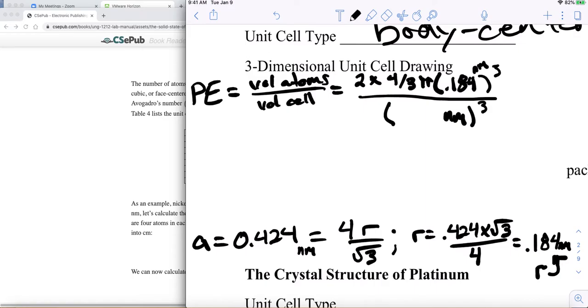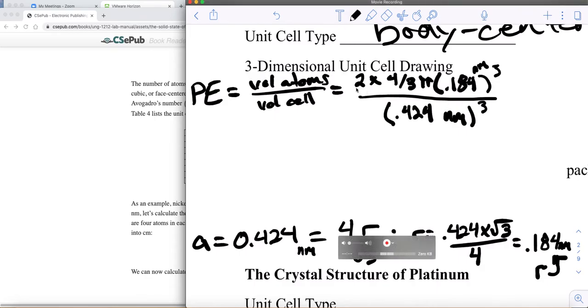This is in units of nanometers. And on the bottom is going to be that full edge length, 0.424. Right, so in this equation for my packing efficiency, the volume of the atoms uses the radius that we're finding, because that's what we use for this 4/3 pi r cubed equation to find the volume of a sphere, which is our atoms. We treat them as spheres. And then I use the 0.424, which is the edge length of my overall unit cell.